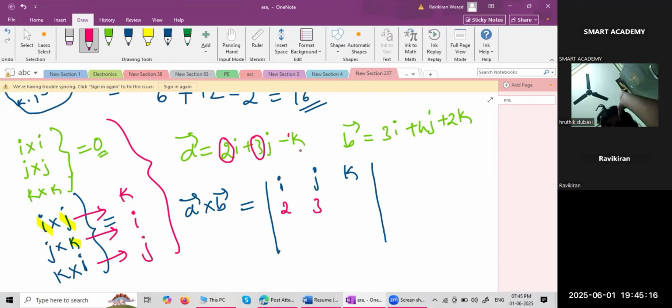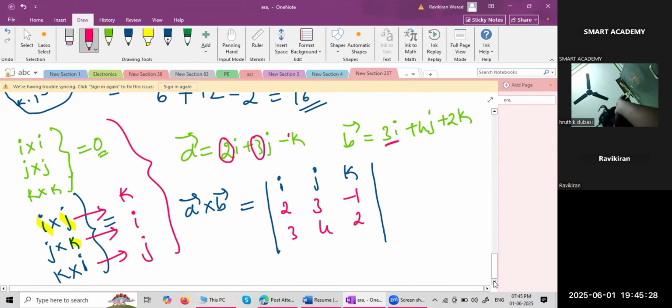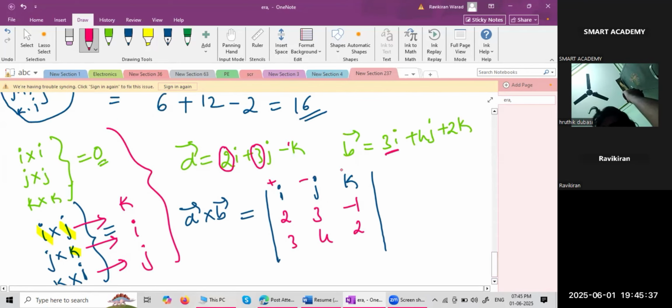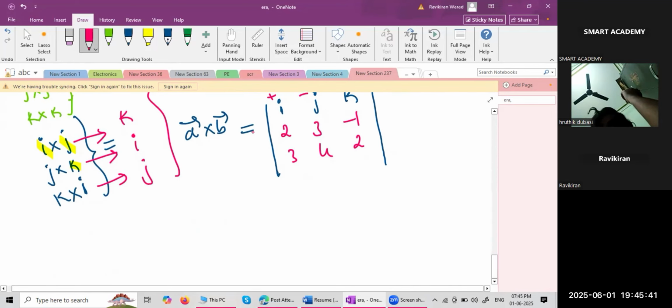Coefficient of j, 3. Coefficient of k, 1 or minus 1? Minus 1. Here, the coefficient of i is 3, j is 4, k is 2. Done. You know how to find the determinant, with signs plus, minus, plus.